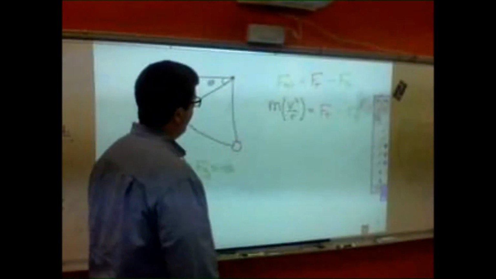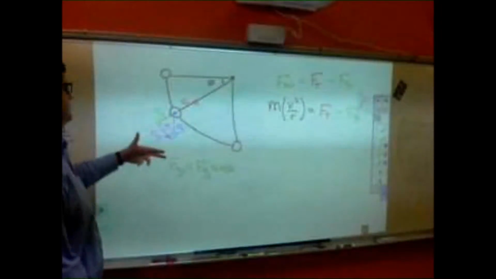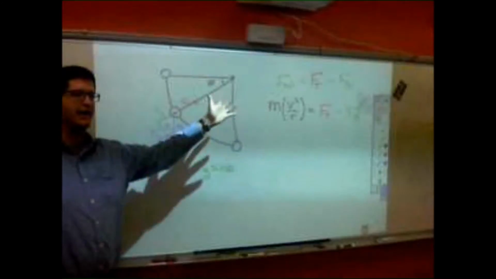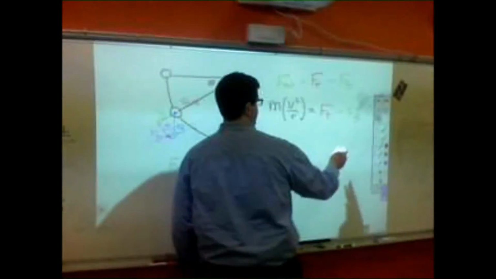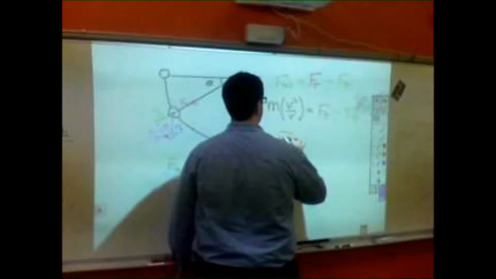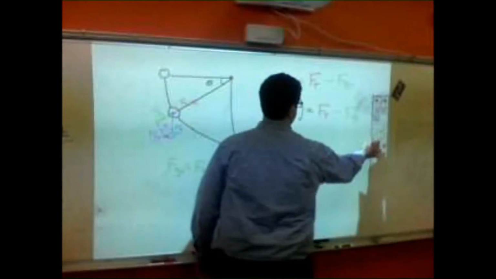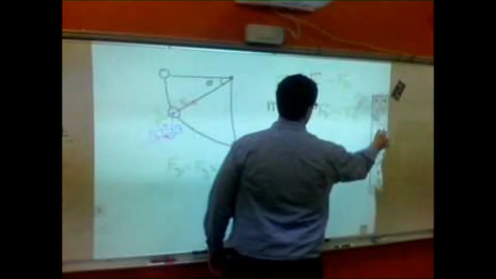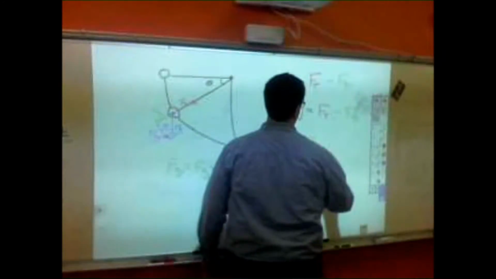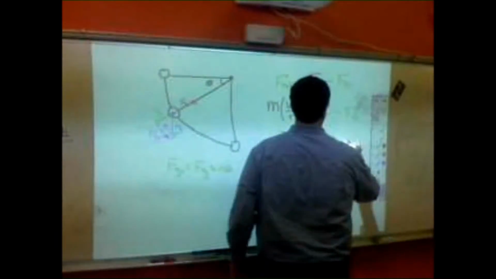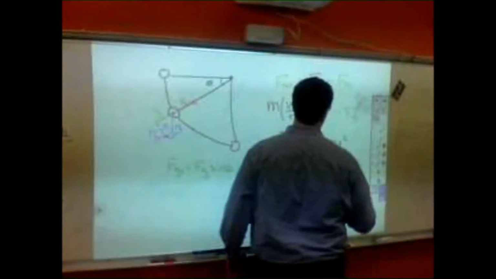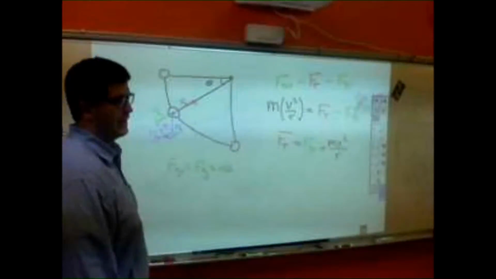Now, they go ahead and use conservation of energy to get the velocity and all that, but you don't need to do that in the book. Really, it's asking you to solve for Ft, so I say just solve for Ft. Ft equals Fg1 plus mv squared over r. That's all you got to do.